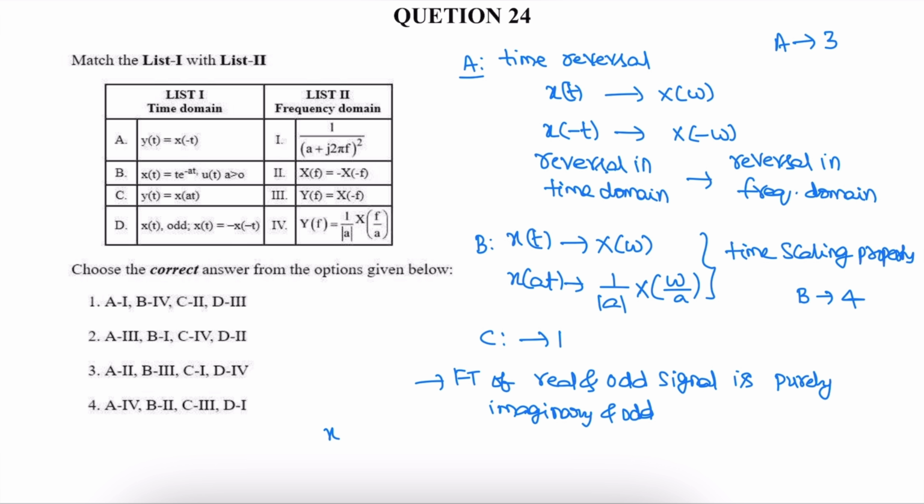Odd signal: Fourier transform of minus x of minus t. This is an odd signal, is minus x of minus f.